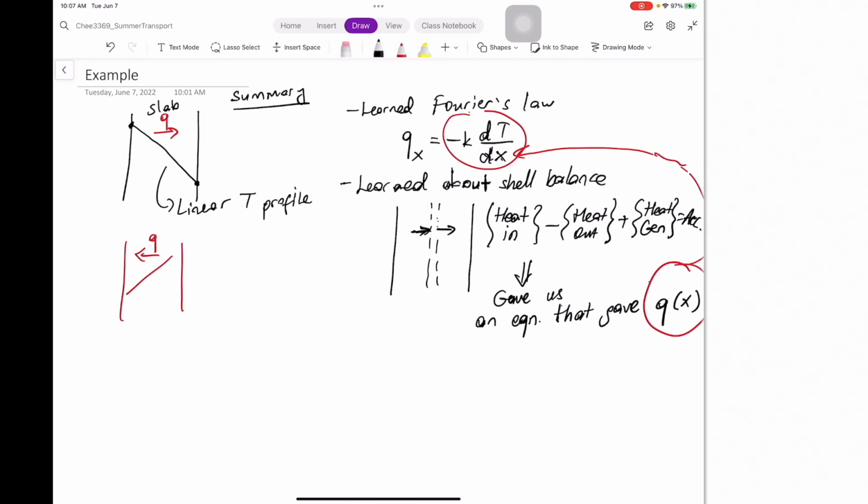As an example, I can show you a different profile where you have a fancy temperature profile, not for a steady state without any heat generation, but we're going to see such profiles when there is heat generation.